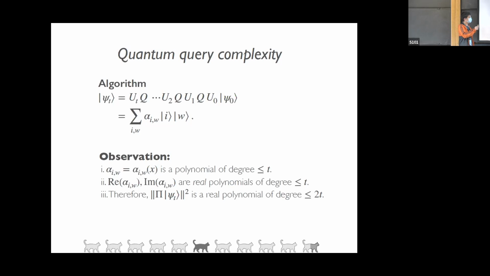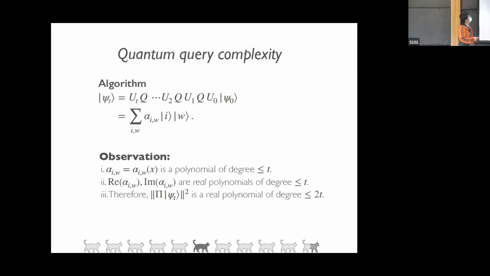When you apply a query operator, if you remember, you put (-1)^{x_i} in front of each coordinate. That you can also think of as 1 minus 2x_i. So you actually multiply a linear function into each coordinate, which increases the degree by 1.